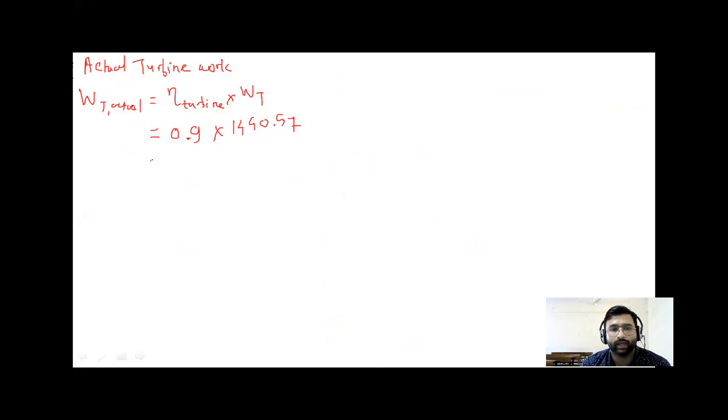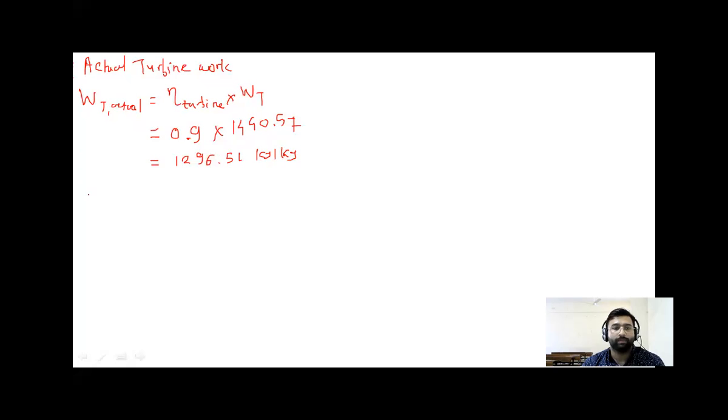So calculate actual turbine work: 1296.51 kilojoule per kg. So we calculated the actual turbine work.